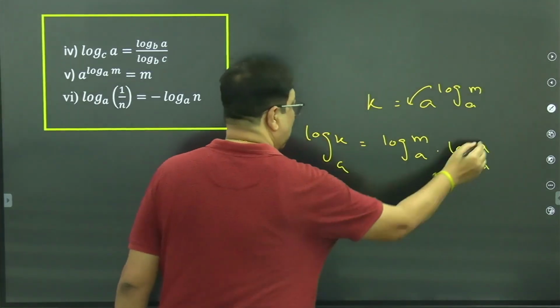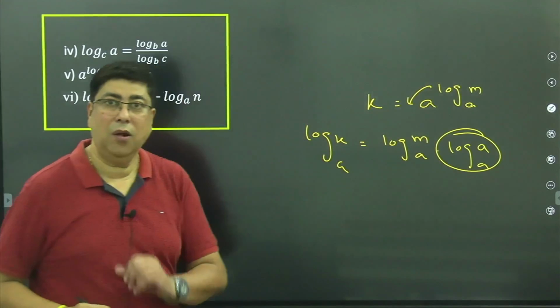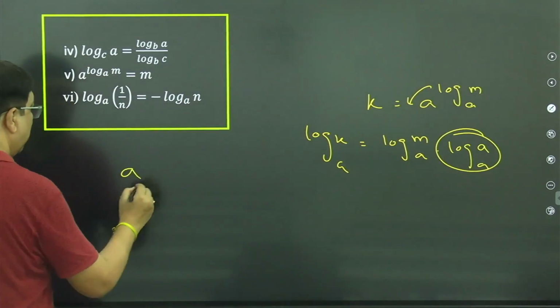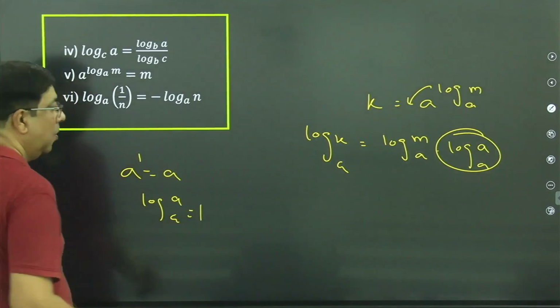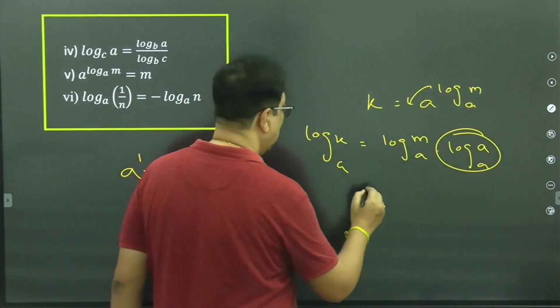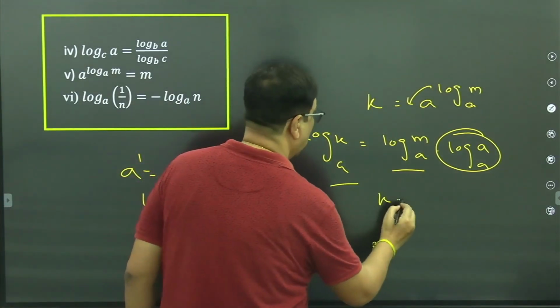So the base is a. Log a base a is 1. Why is log a base a equal to 1? Because a to the power 1 equals a, so log a base a equals 1. Therefore log k equals log m, so k equals m.